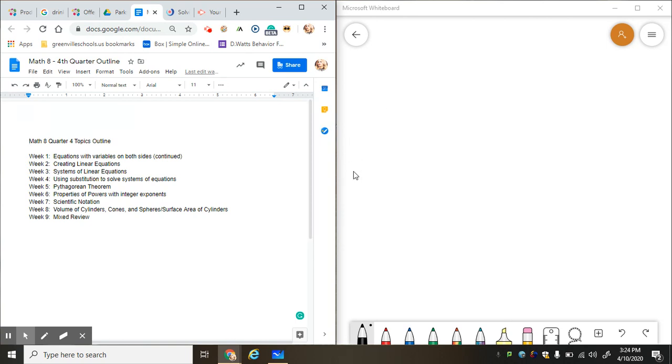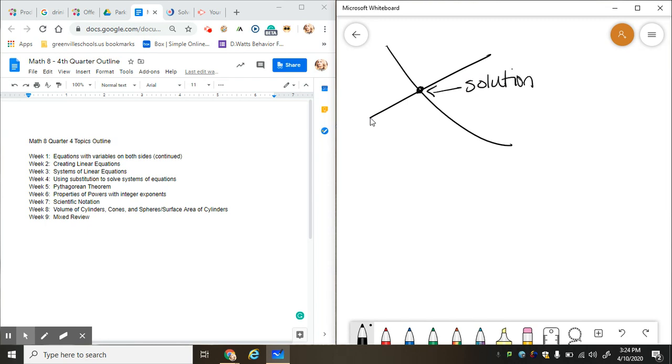So if you want to find a solution for a pair of lines, what it's really talking about is where do these two lines meet? That is called a solution.